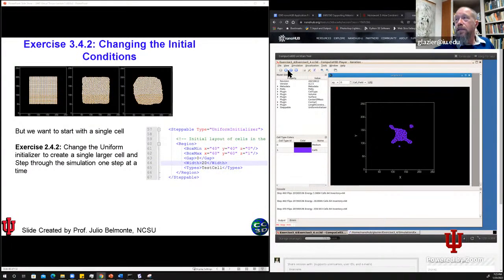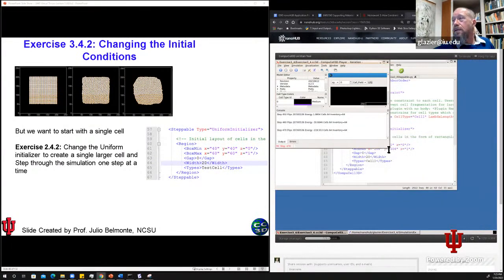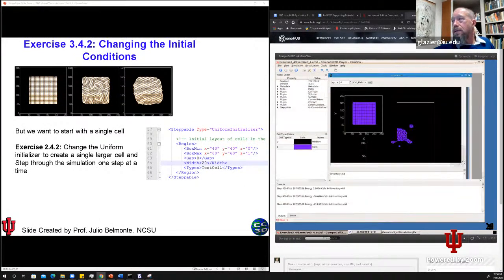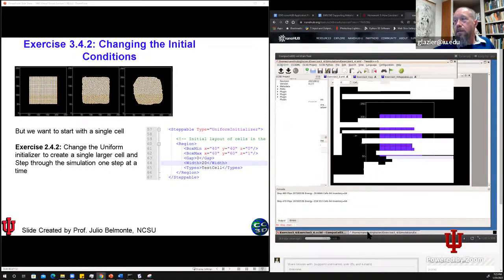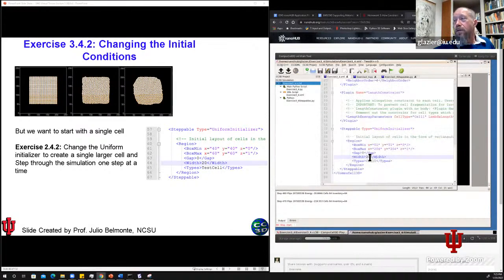Let me run that again. See, the initial cell size is larger. If I go back to here, and I really wanted to only have one of them, make it 100.